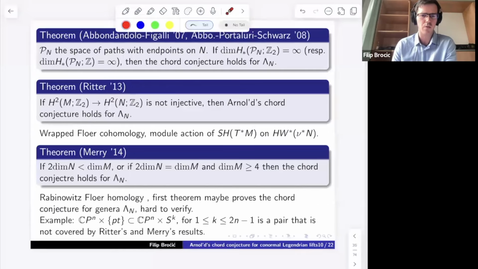And as for the other two theorems, one can take, for instance, CP^n times a point inside of CP^n times a sphere, where the sphere has low enough dimension so that it contradicts the assumptions of Merry's theorem. And since the map induced by inclusion on second cohomology is an isomorphism, it contradicts the assumptions of Ritter's theorem. Although in this particular example, it is known that the space of paths has infinite dimensional homology, as I said, it's unknown whether there exist examples such that these homologies are finite dimensional.